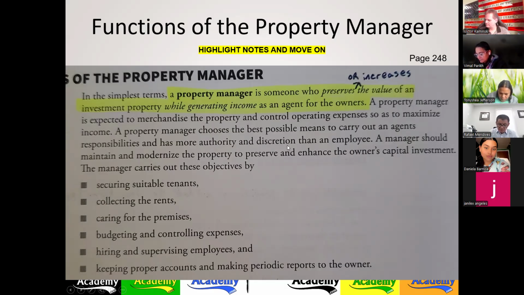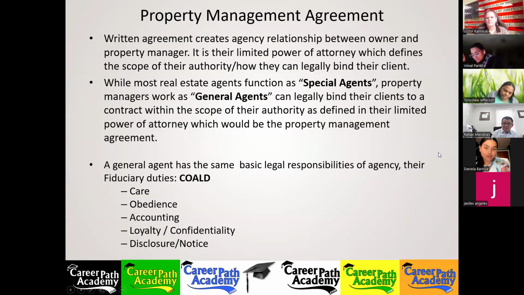Preserves or increases. Yeah. Oh, value. All right.